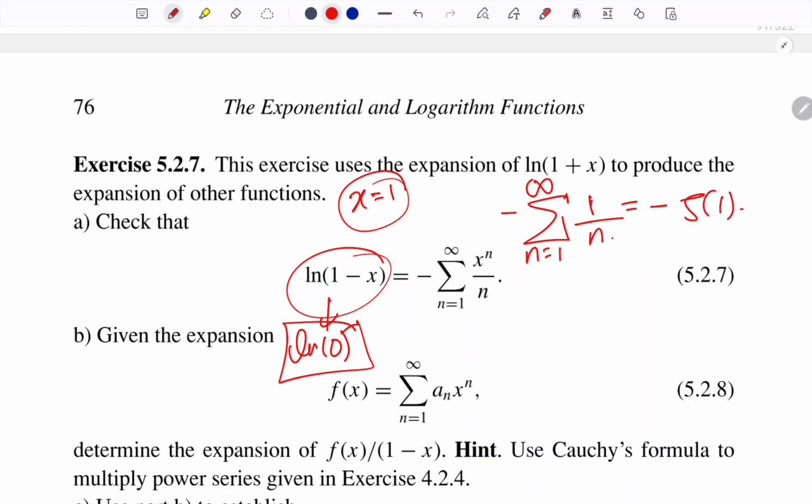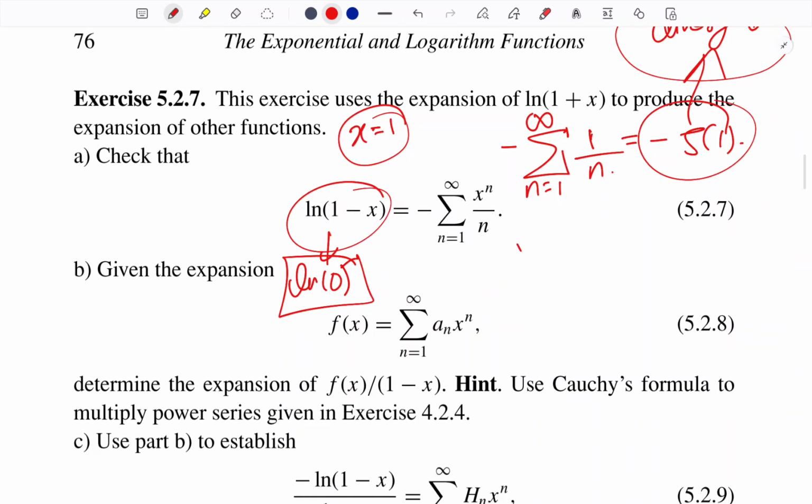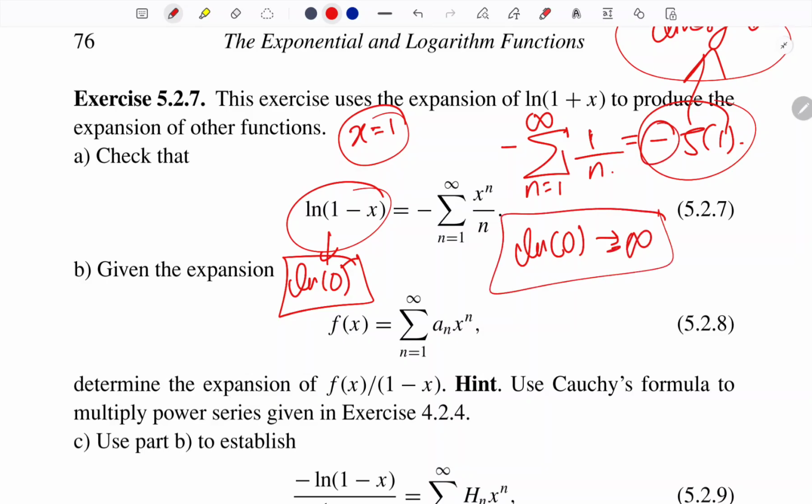And negative of zeta of 1 is infinite, indefinite actually. It's not a finite value, it is divergent. In simple language, it is divergent, and hence ln of 0 is also divergent. Because of the negative sign, it is taken as negative infinity, so ln of 0 is negative infinity.